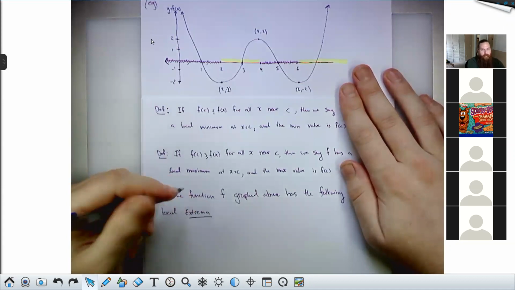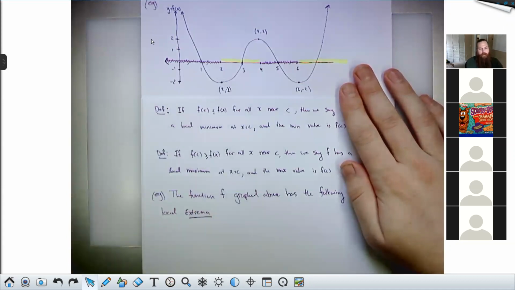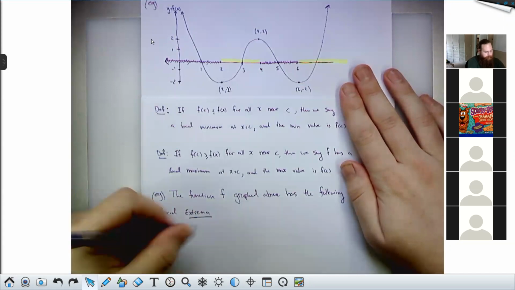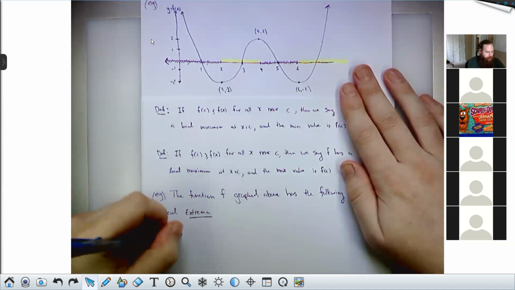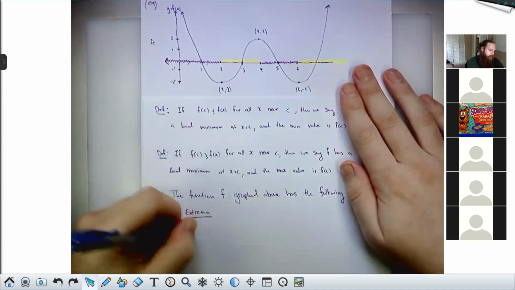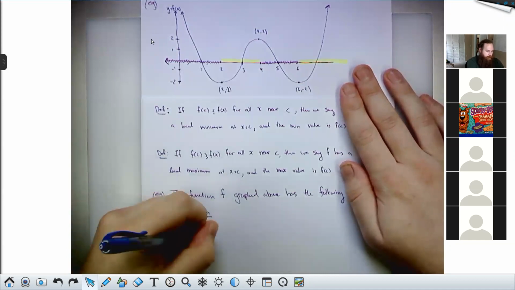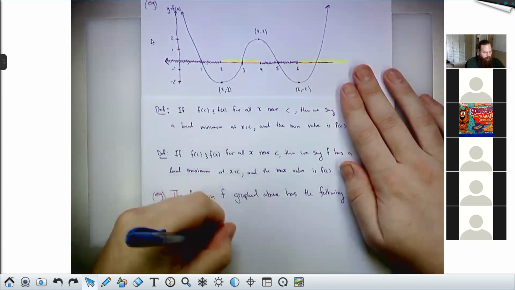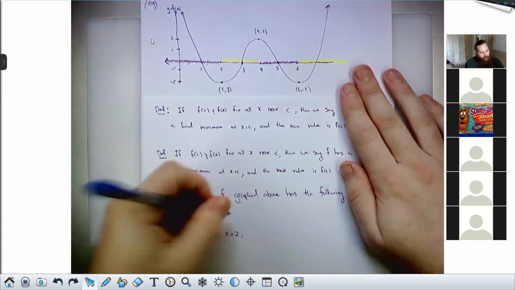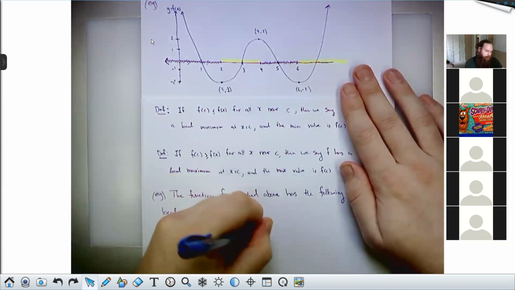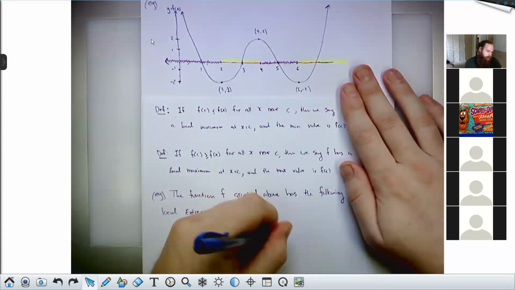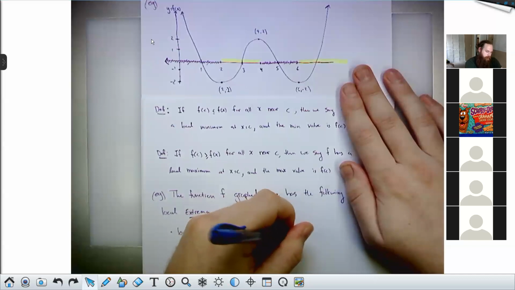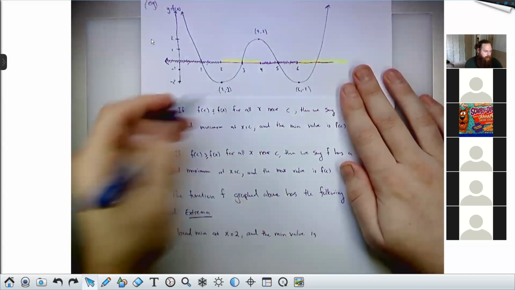And remember, extrema is the word for mins or maxes altogether. We have a local min. I'll just move left to right. Where is it? It's at x equals 2. And the min value there is -2.